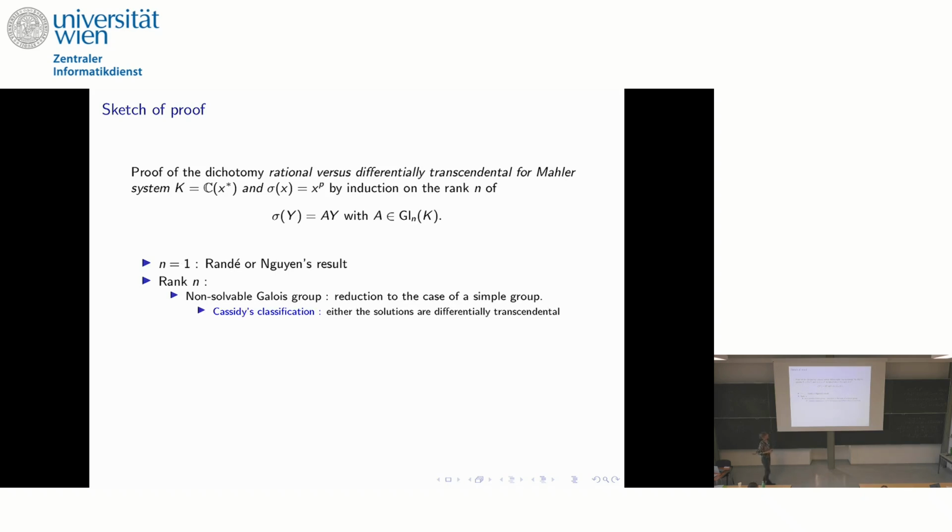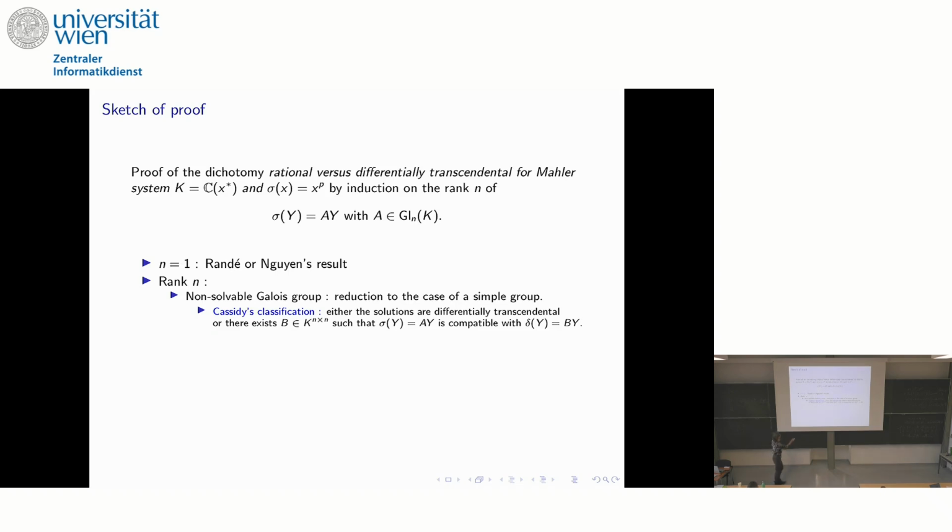And then I am using this classification. I know that when my difference system has a simple Galois group, then either my solutions are differentially transcendental or my system is compatible with a differential system, a linear one.